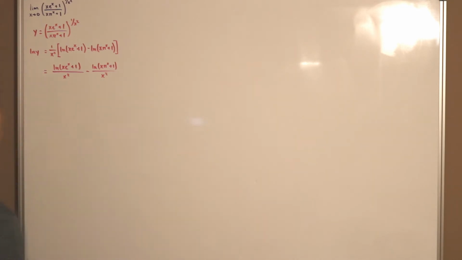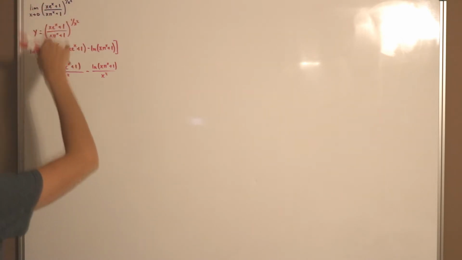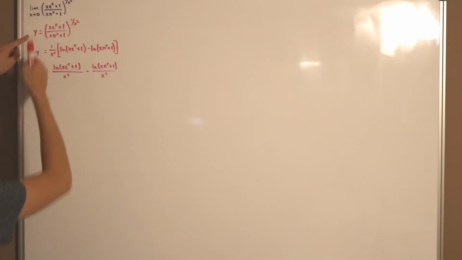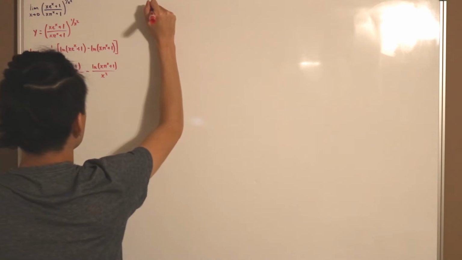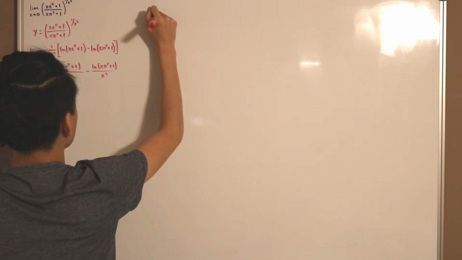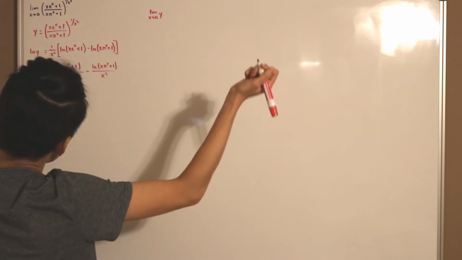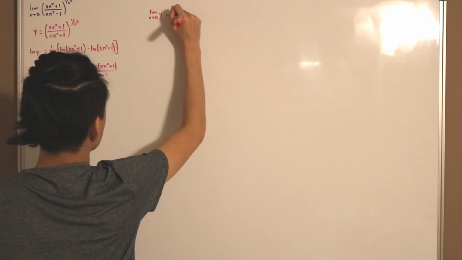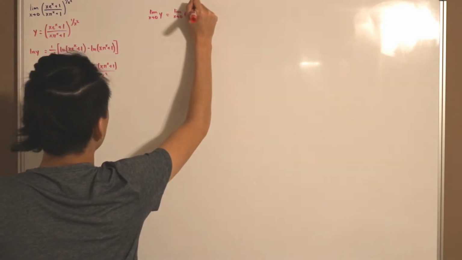Now before we continue further, I would like to address that we're taking the limit of this function here, but also taking the limit of y. So one thing I want to say is that the limit as x approaches 0 of y, we can rewrite this as the limit as x approaches 0 of e raised to the ln of y.